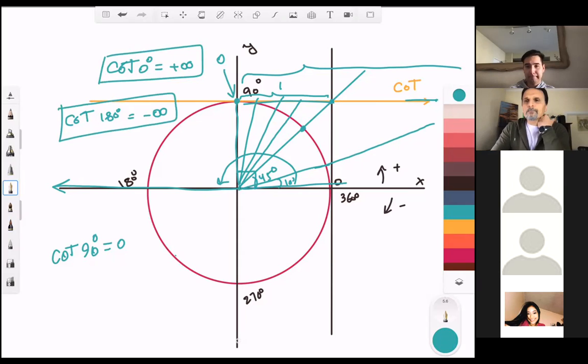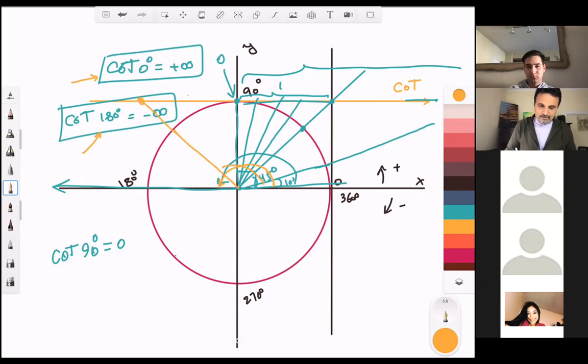Professor, I have a question. Yes. When it was cotangent 180, it was negative infinity, right? But it was on the 0 line. But why, when it's cotangent 90, you put equal to 0 instead of positive infinity? So for the 180, correct? This is 180, correct? So if I ask you what is cotangent of 135, for example, if this is 135, you let the line go across here.